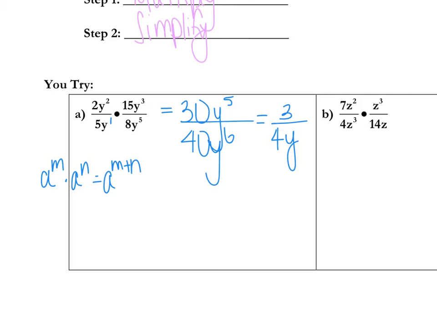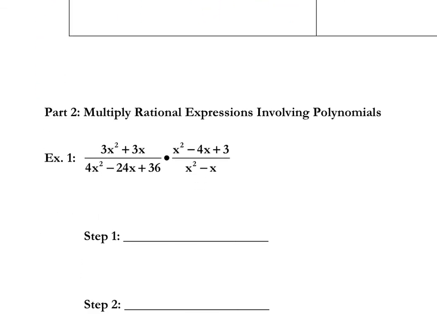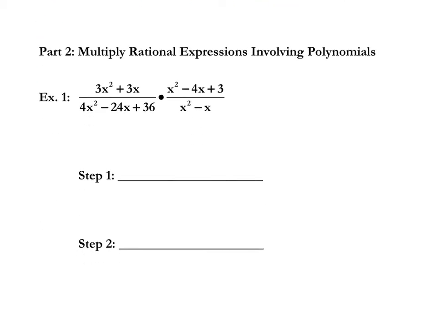Okay, so let's add on a little bit more weight here. Let's go on. So I know this might look a little intimidating at first, but I know you guys can do this because all it is is just factoring and simplifying. So that's going to be our first step, is to factor.